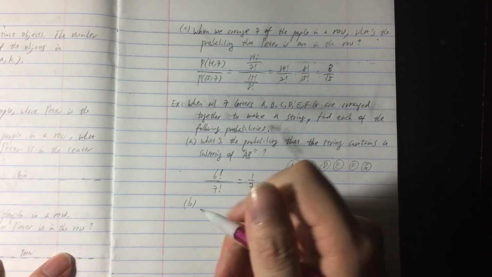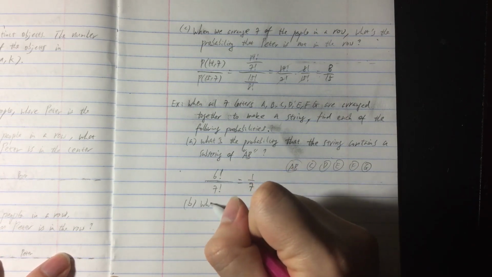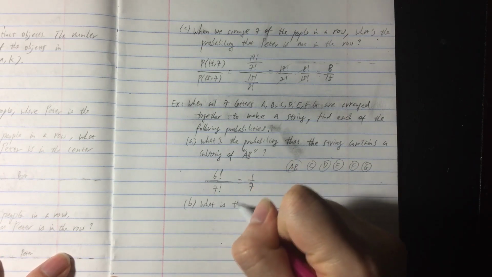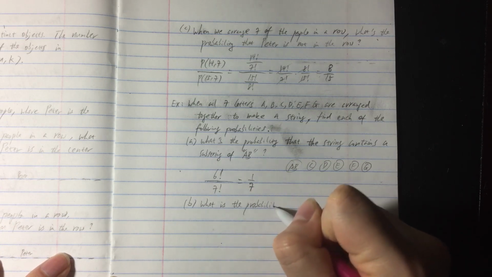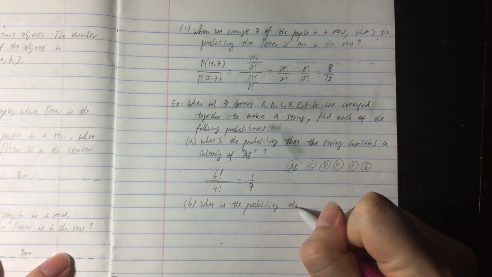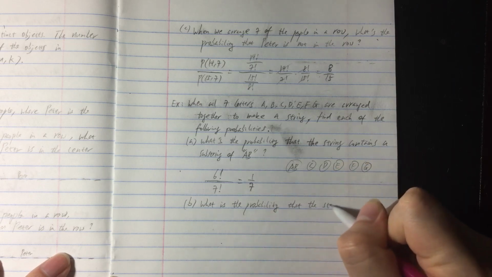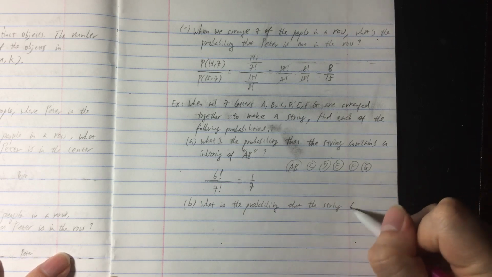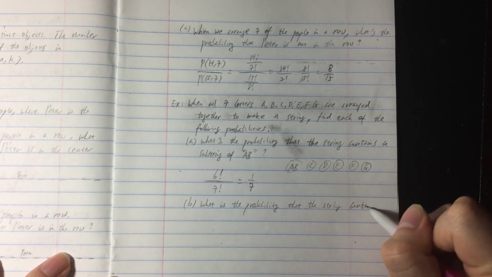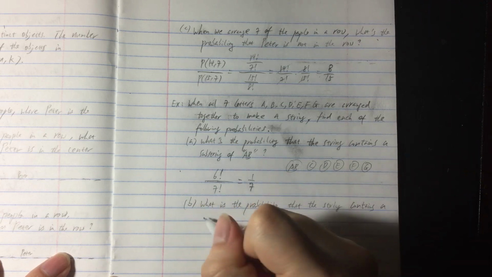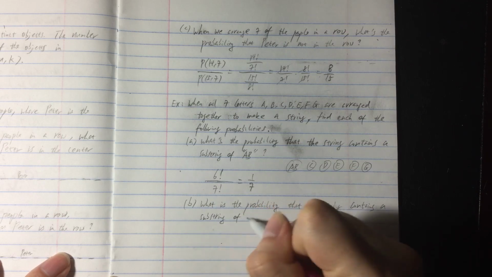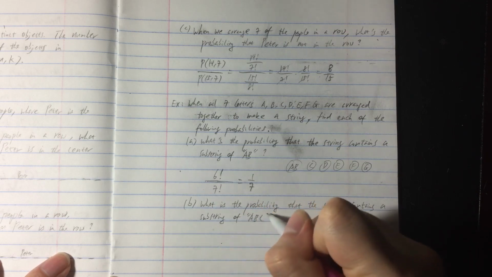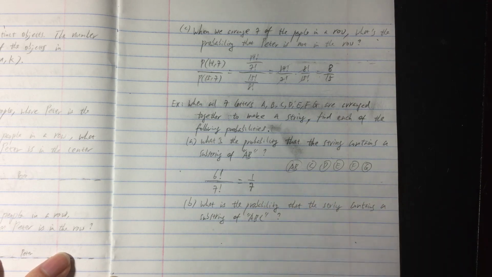Part B. What's the probability that the string contains a substring of ABC?